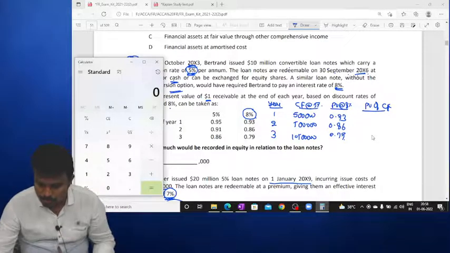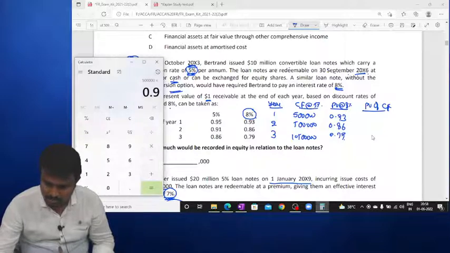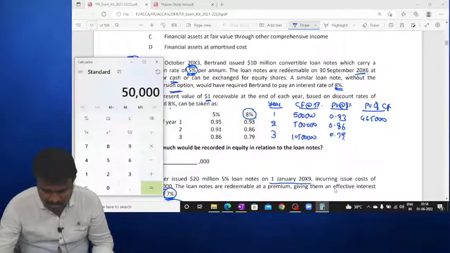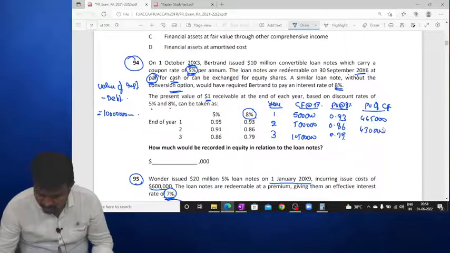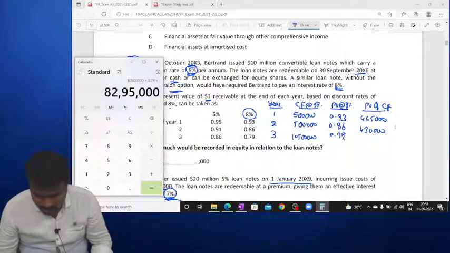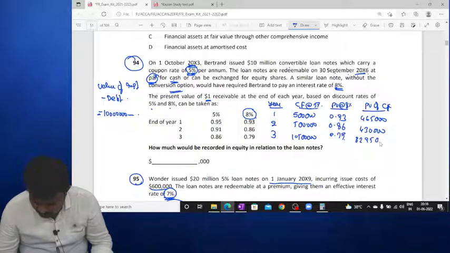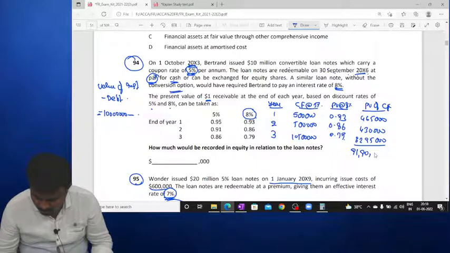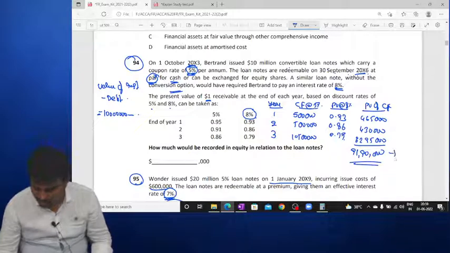So 5 lakhs into 0.93 equals 465, then 5 lakhs into 0.86, 430, then 105 lakhs into 0.79 equals 82,95,000. Adding 430, 465 and 82,95,000 gives 91 lakh 90,000. This is the debt element.